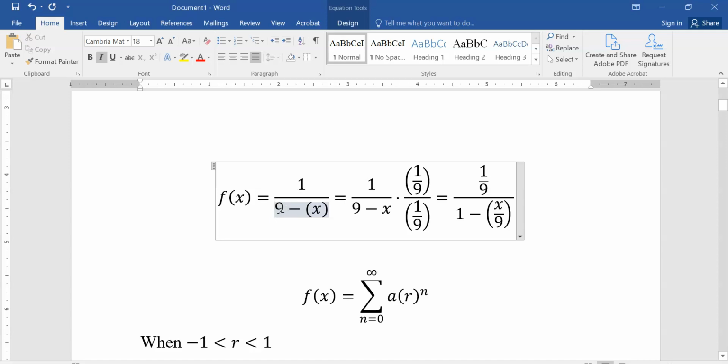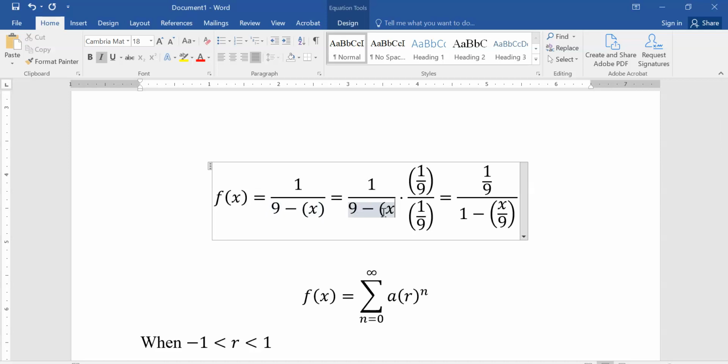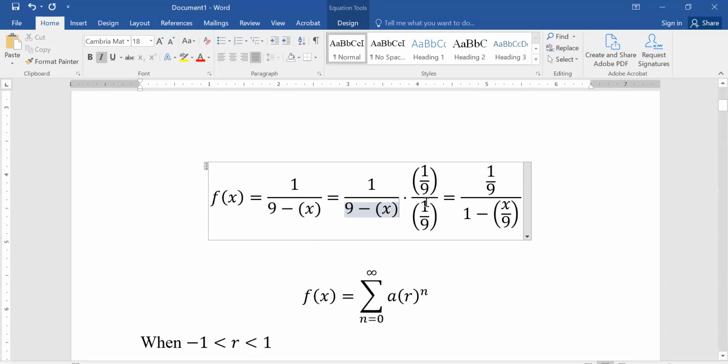So the way to do that is to multiply top and bottom by a ninth. Now, if you multiply the top and the bottom of any fraction by 1/9, that doesn't actually change the value of the fraction because we're multiplying by 1. Obviously, I picked 1/9 because 1/9 times 9 is going to give me a 1.